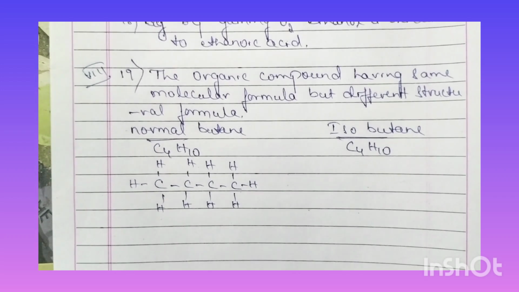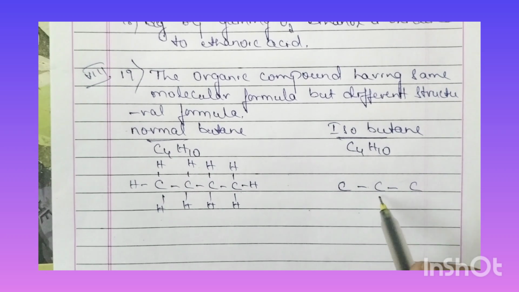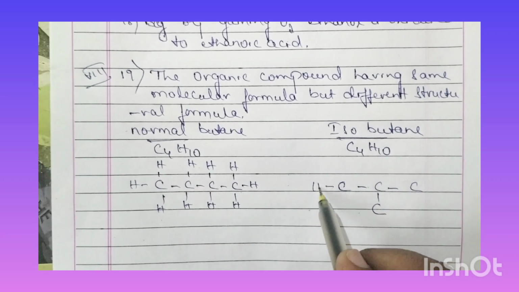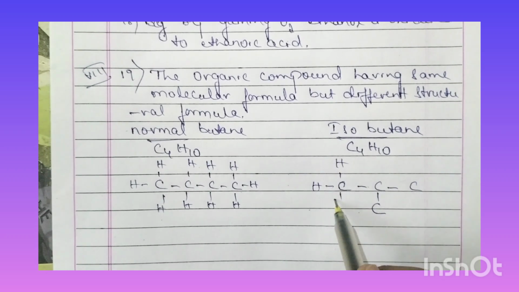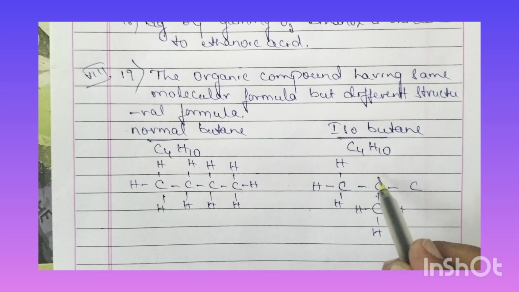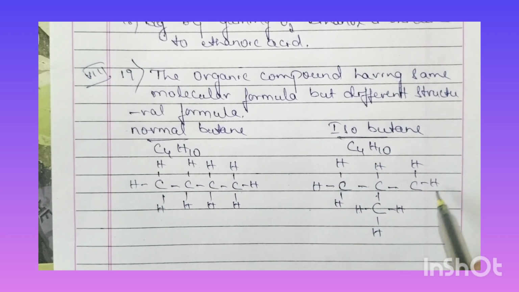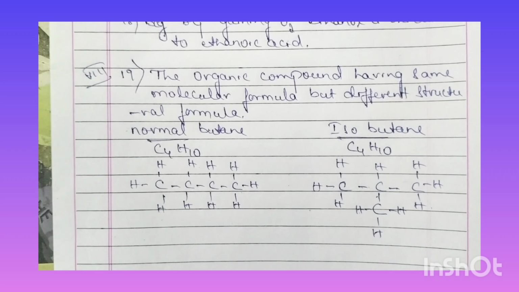This is straight chain. In isobutane 1, 2, 3, then 4, with tetravalency maintained. This is branched chain. So these are the two isomers of butane.